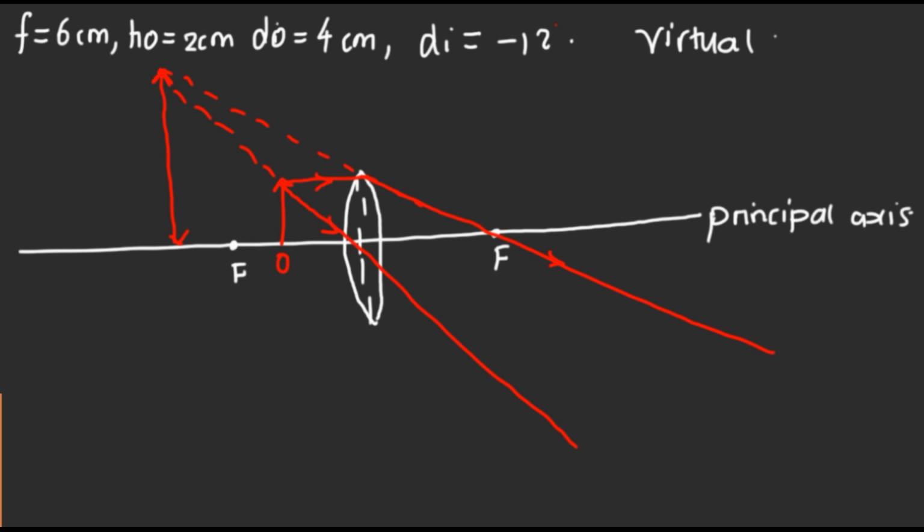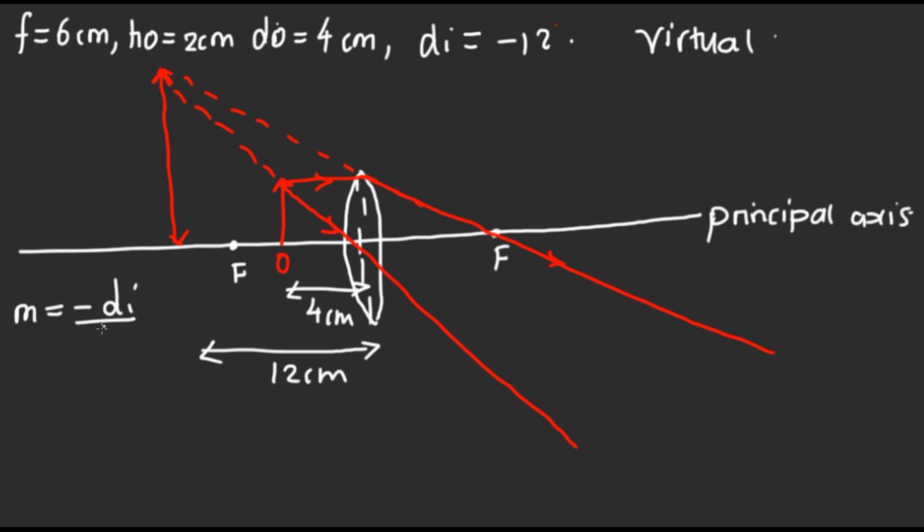So we can now say the distance of the object given is 4 centimeters, then the distance of the image is 12 centimeters, which is negative 12 centimeters. Okay, if this is the case, let's find the magnification. Magnification is equal to negative di divided by do, the distance of the object.